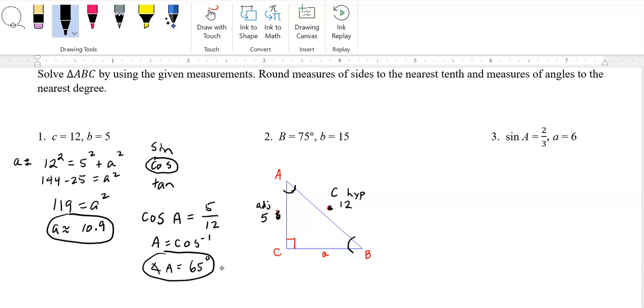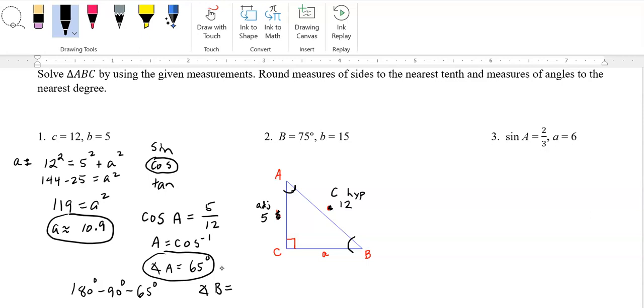So you can just start at 180 and then subtract off the right angle and the angle that you know, which in this case we found, angle A. Let's go ahead and say that that's 65. And then that difference has to be the measurement for angle B.